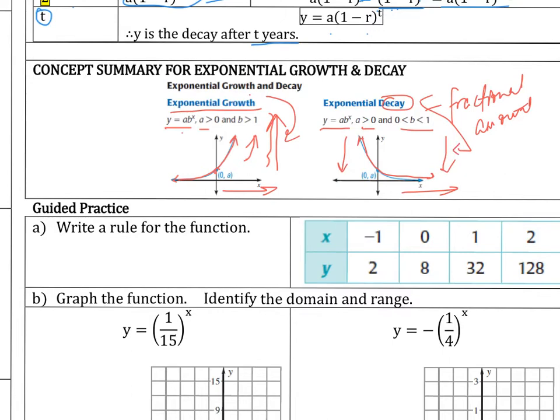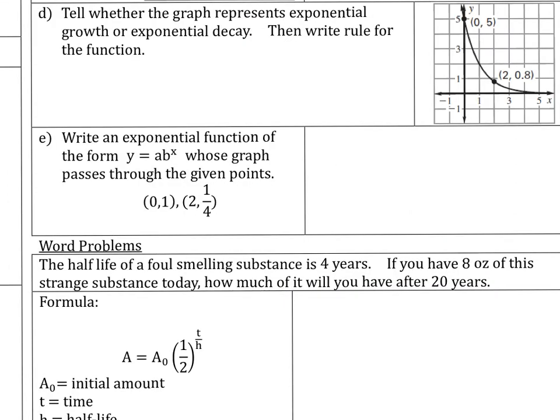Okay, let's continue with the guided practice, part D. Tell whether the graph represents exponential growth or exponential decay. Well, it's very obvious. By looking at the graph, it's an exponential decay, because it's curving from left to right in a downwards direction as x increases.